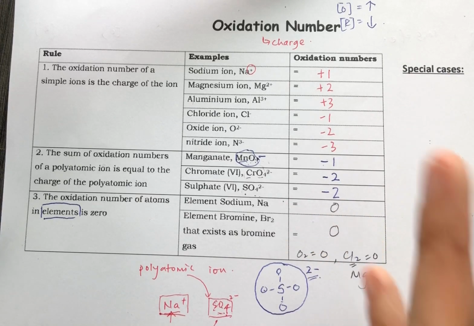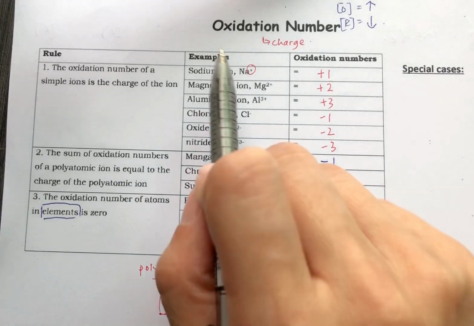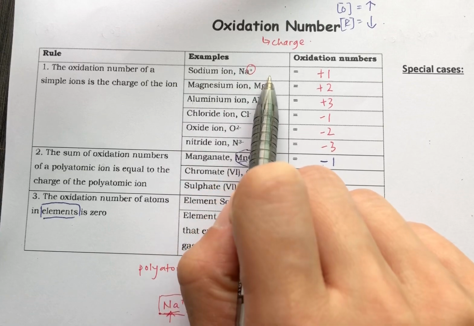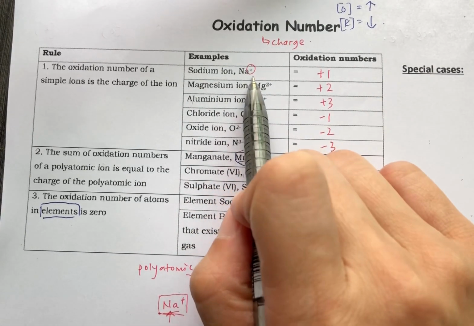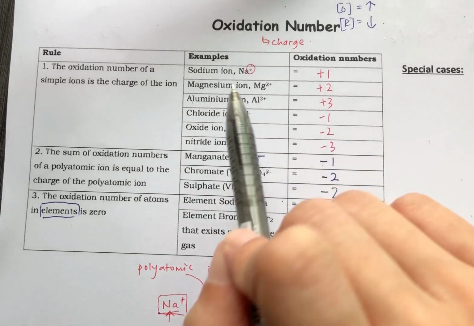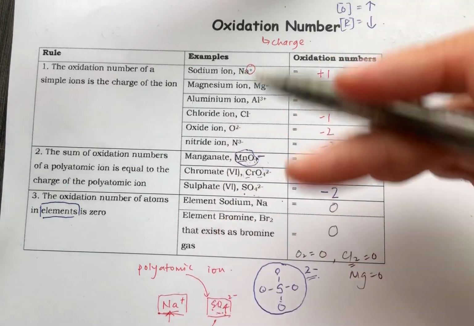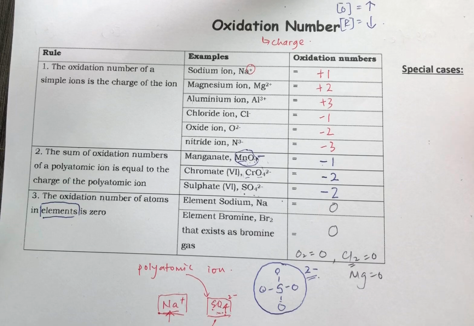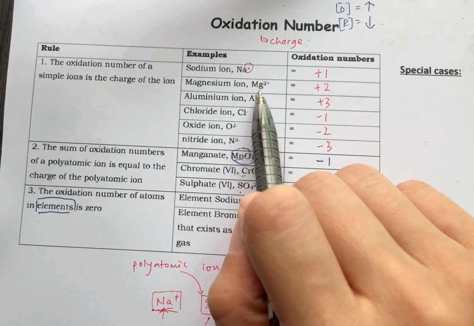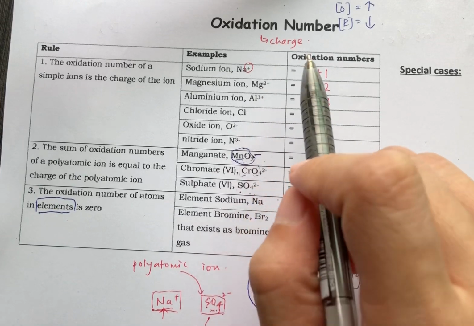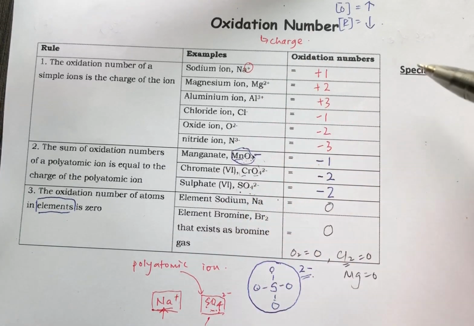For example, sodium can only form the Na+ ion. It's almost impossible for Na to form an Na2+ ion. For magnesium, same thing. You will rarely see Mg with a charge of +1. So the oxidation number is almost fixed already.